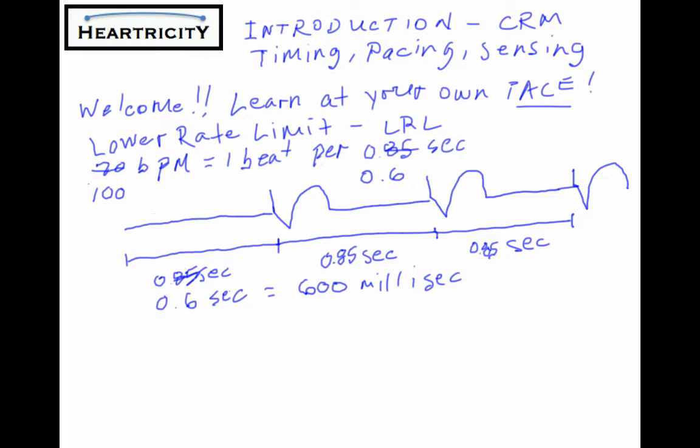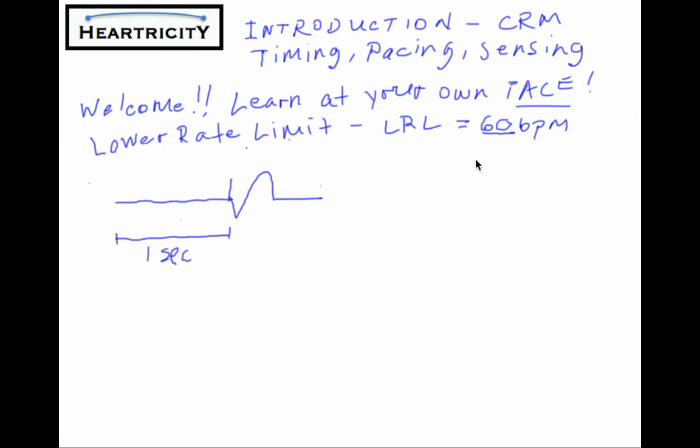Okay, so the timing thing seems pretty simple up to this point, right? But now let's take a look at the next example. Let's assume we have a very old pacemaker. Let's go 40 years back, maybe even 50 years back. So we're going along, a pace is delivered after a second has elapsed, like previously, and then the alarm clock starts again.